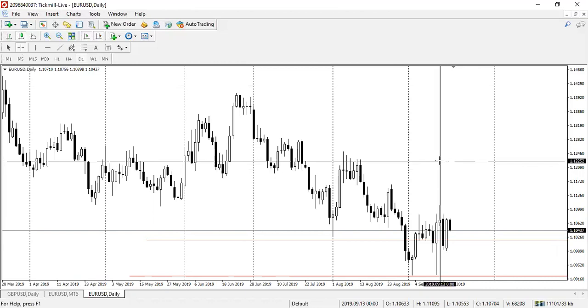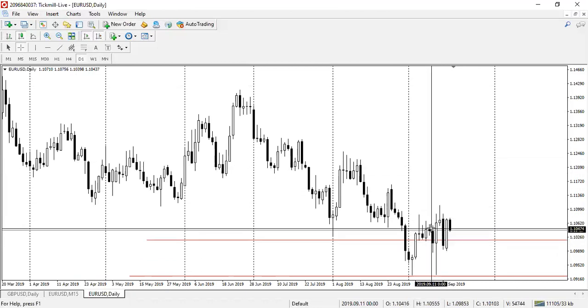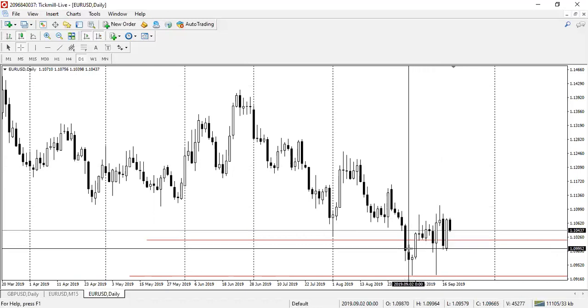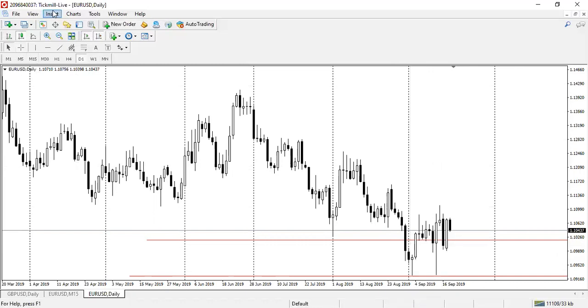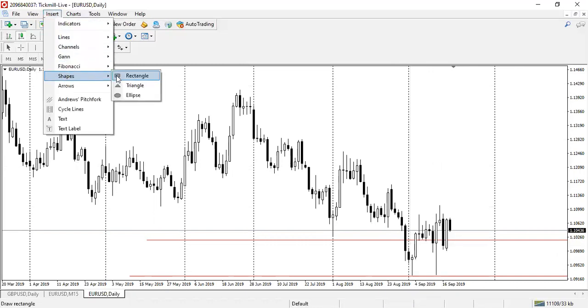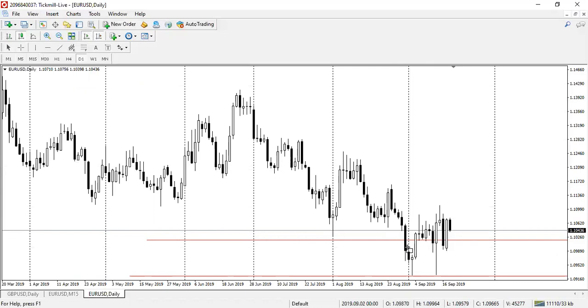This candlestick is the 10th of September. We expect price to go down, and it is very unlikely that price will break this area here, which forms our order block, because the market makers started to buy from this area, from the tip of this candlestick here. So this is our order block.